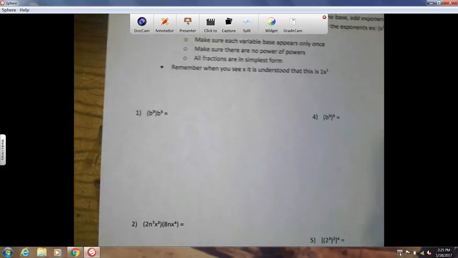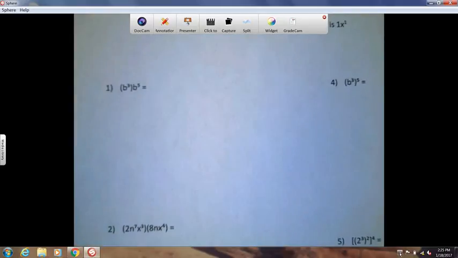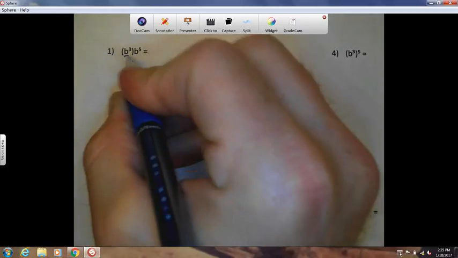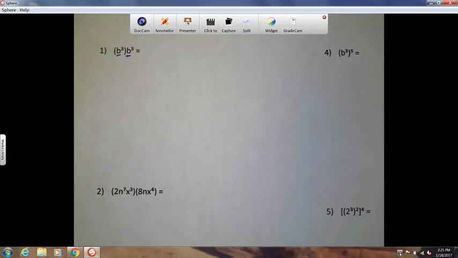First thing I'm going to do is look at number 1. So I need to determine what's happening in this problem. So to do that, I see b to the third, in parentheses, b to the fifth. And so I know that something in parentheses by something else means multiply. So I know that since I have 2 things that have a base of b, what I'm going to have to do is product of powers.